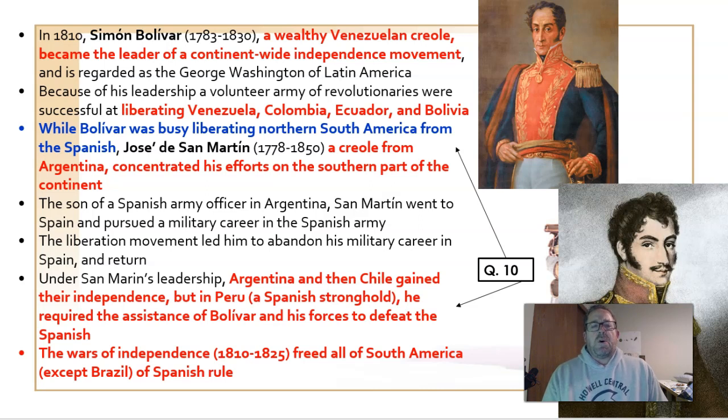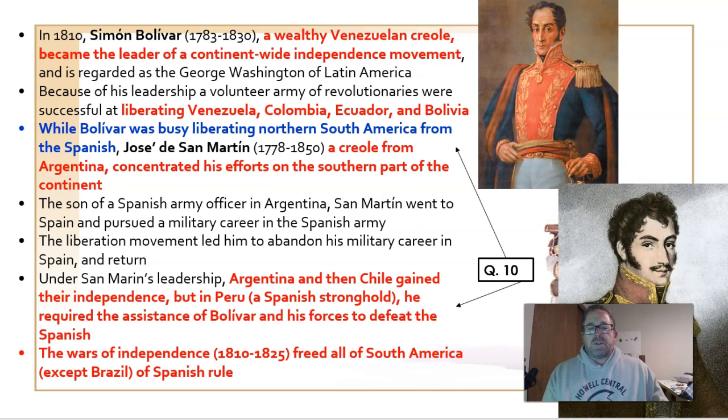Simon Bolivar is mostly responsible for liberating Venezuela, Colombia, Ecuador, and Bolivia, so the northern portion of South America. Whereas Jose de San Martin is more responsible for the liberation of the southern part of South America, so you see Argentina, Chile, and then Peru.